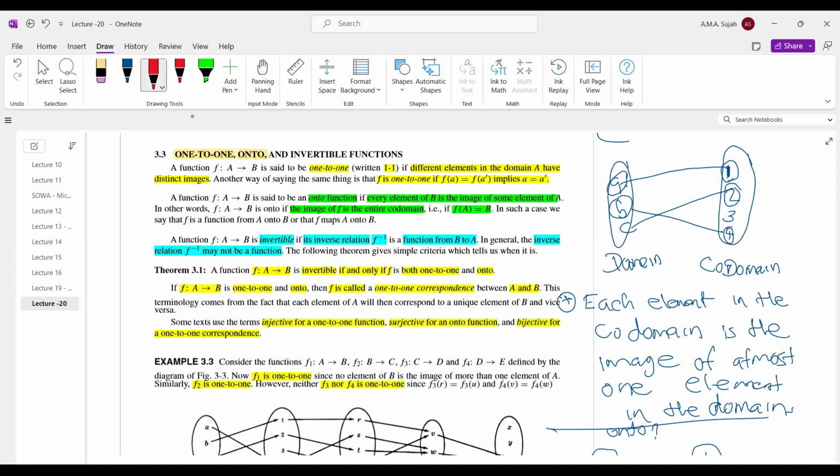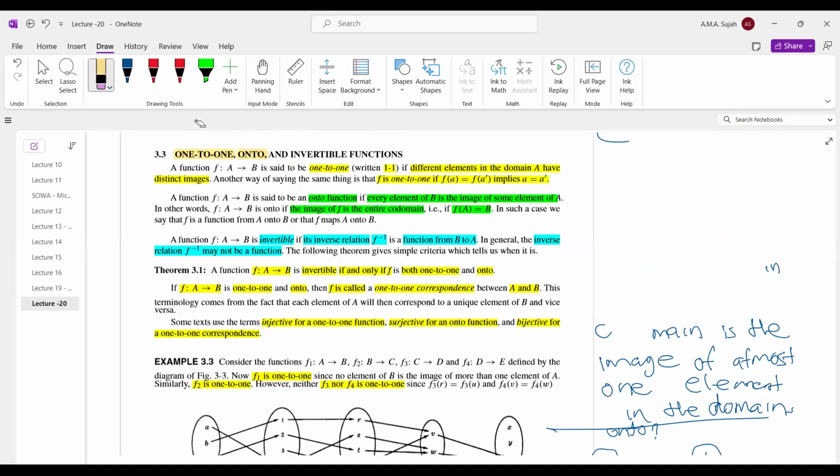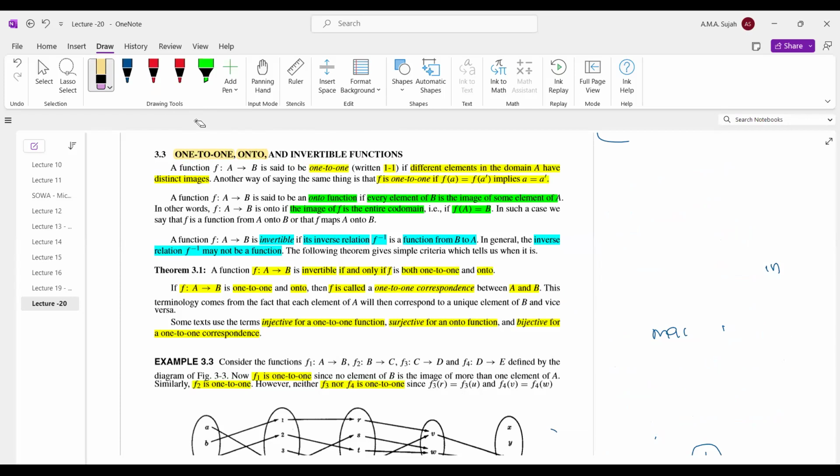The third one, invertible function. If a function is one-to-one as well as onto, then we can say that it is an invertible function, right? So if a function satisfies two things, that the function is onto as well as one-to-one, then we can say that the function is invertible.